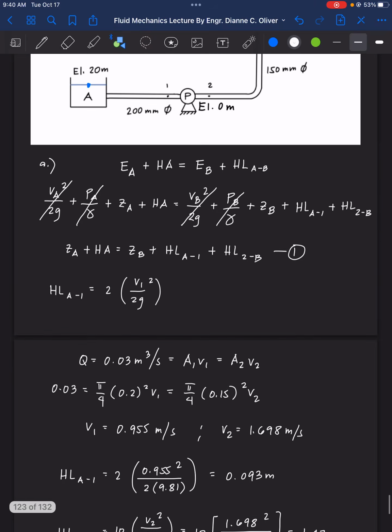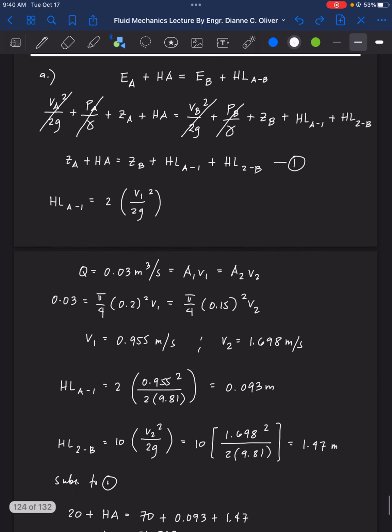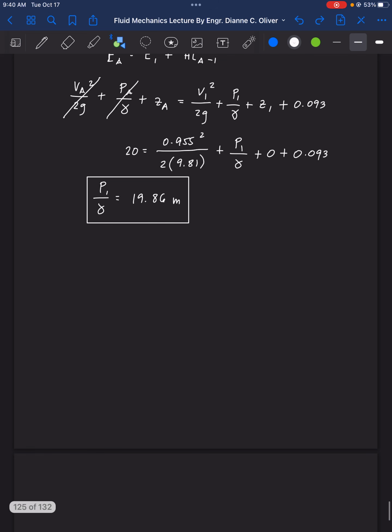Now how about the pressure head at 2? So we will cut it here, and we will consider only this portion. Then we will draw that portion here. So this is our pipe.